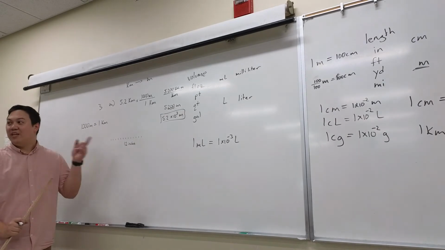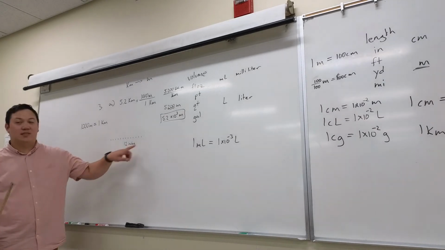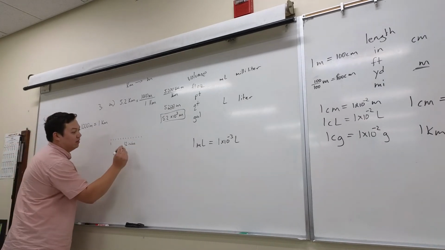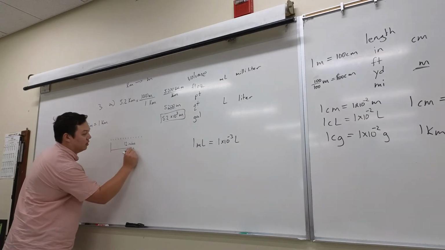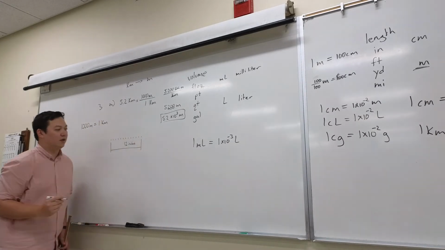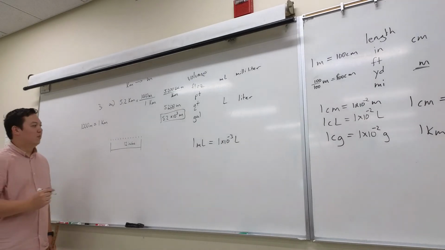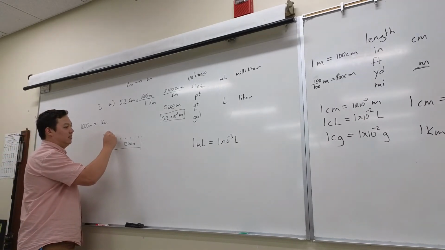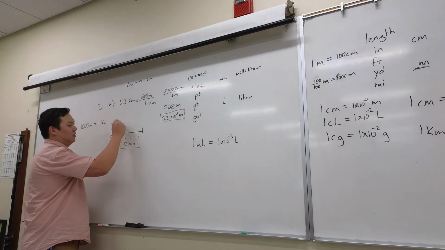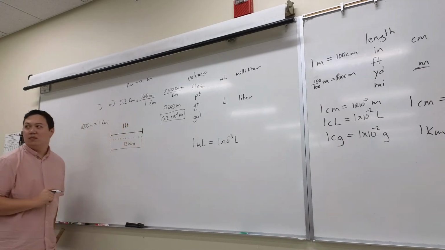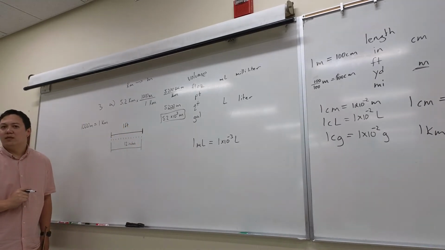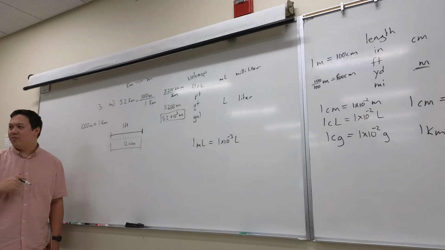When we say 12 inches, we mean this distance from here all the way over to here. That is 1 foot. So this distance is 1 foot, right? Different words mean the same thing.